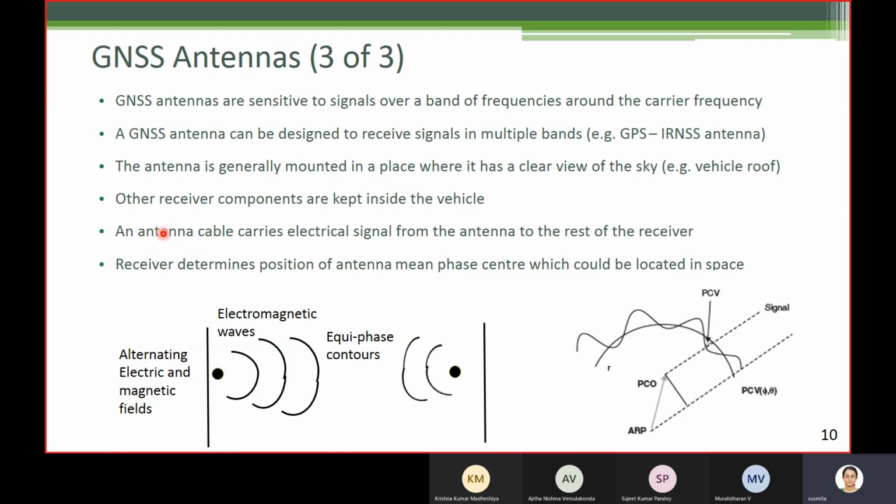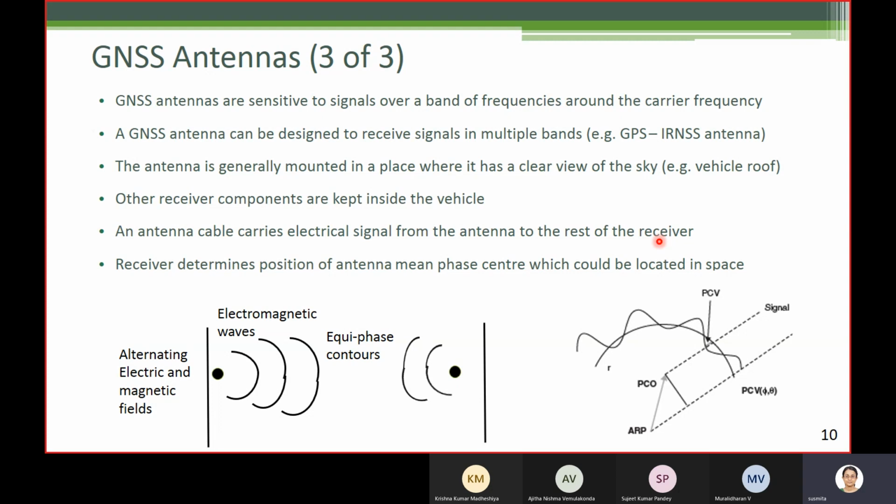And this delay fortunately is the same for all the signals, all satellites. So when the receiver estimates the receiver clock error, actually this transmission delay is included in the receiver clock error, because just like the receiver clock error, which is common to all satellites, this delay is also common to all the satellites. So the estimated receiver clock error will also have a component coming from the antenna cable delay.